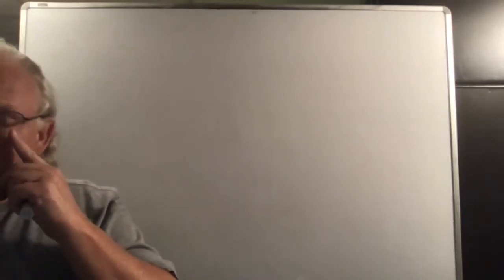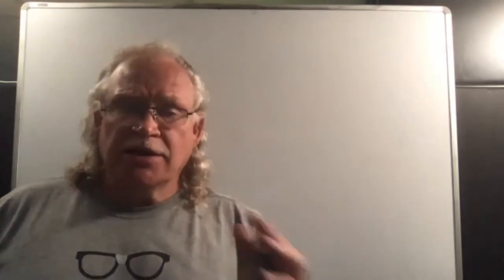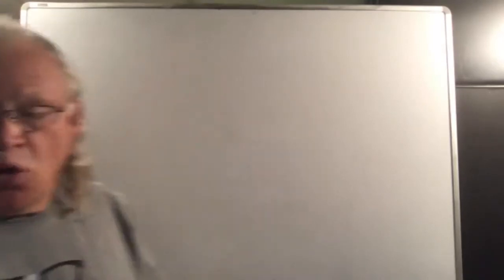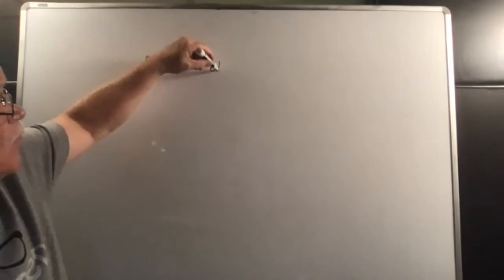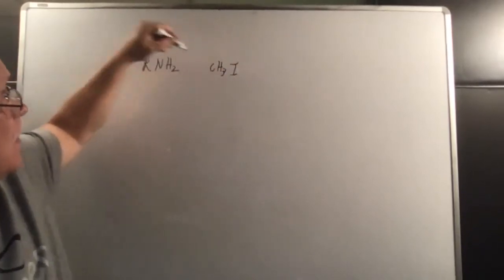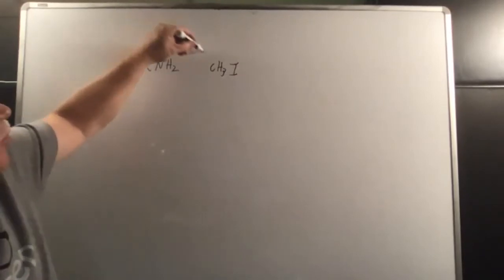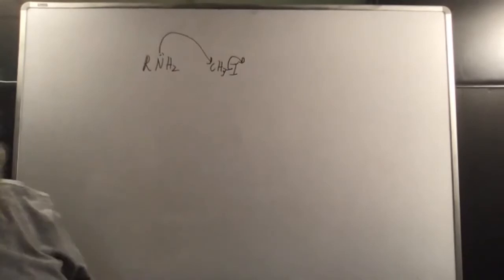One of the things that really makes amines versatile in organic chemistry is the fact that the nitrogen has a lone pair on it. So when we have an amine, it can react in an SN2 reaction as a nucleophile, kicking off the iodine.